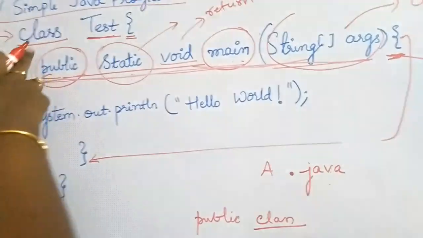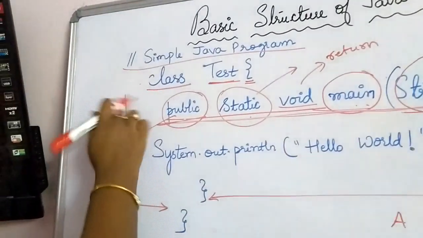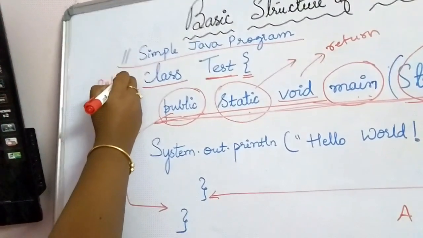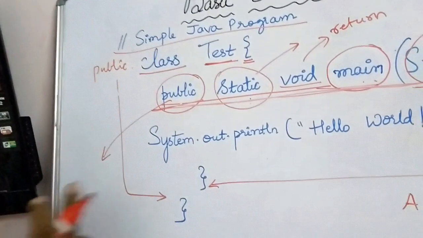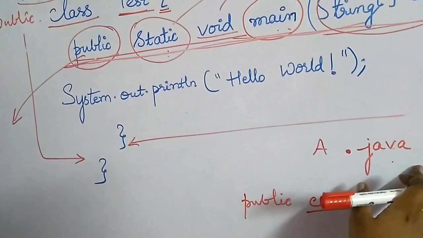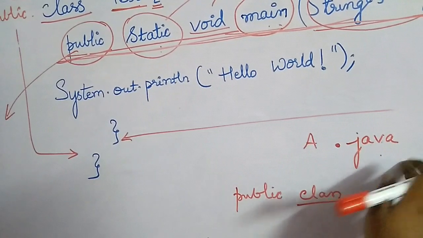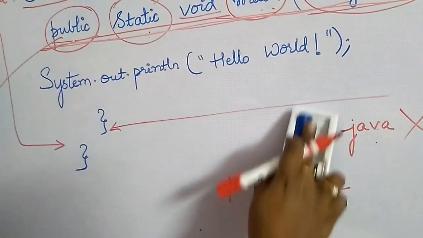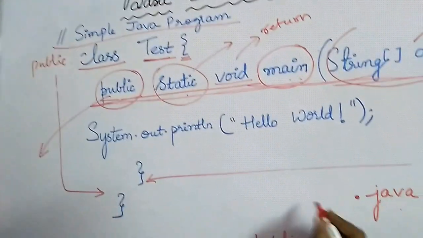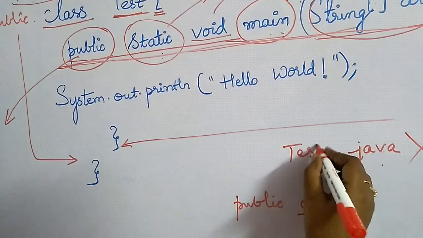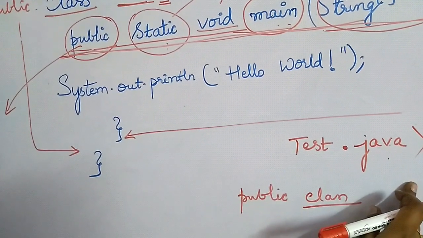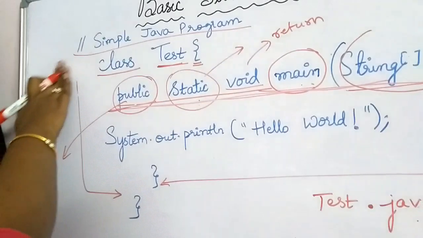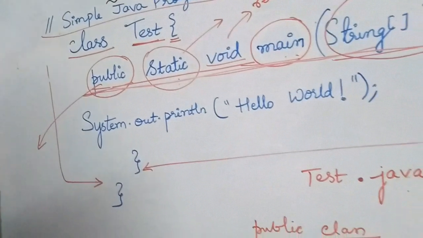For example, if this class is made public, like I have public class test, then the name of the file cannot be a.java. This will result in an error. Your compiler will not accept it. So it should be named only after the name of the class. What is the name of the class? Test. So this should be named only as test.java. I hope you understood. If it is not public, then you can name it whatever you want.